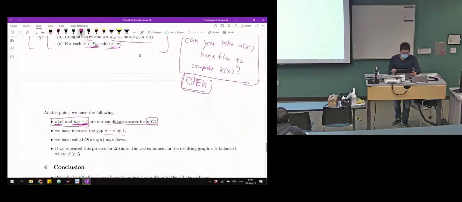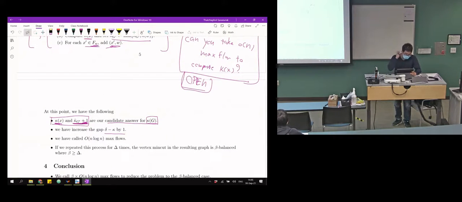Okay. But now, for all of these n log n max flows, you have increased the gap by 1. And if you repeat this whole process, let's say, beta times, then at the end the resulting graph would be beta balanced.